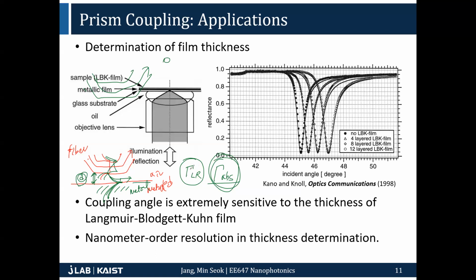So gamma LR, the radiative loss rate, is strongly dependent on D. The key is to match your radiative loss rate gamma LR to the absorptive loss rate, and find the optimal D that gives you that condition. So that's the key. But this is a really good question.